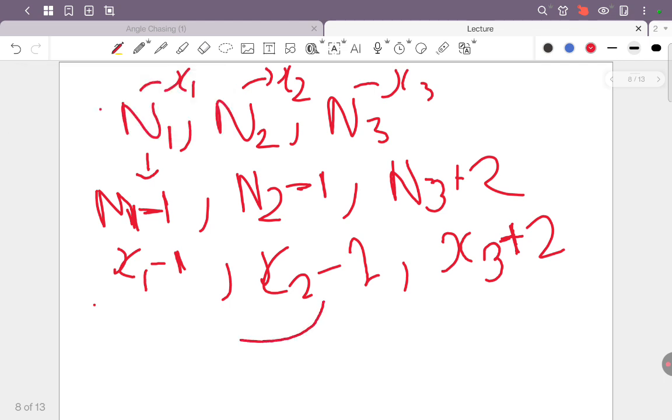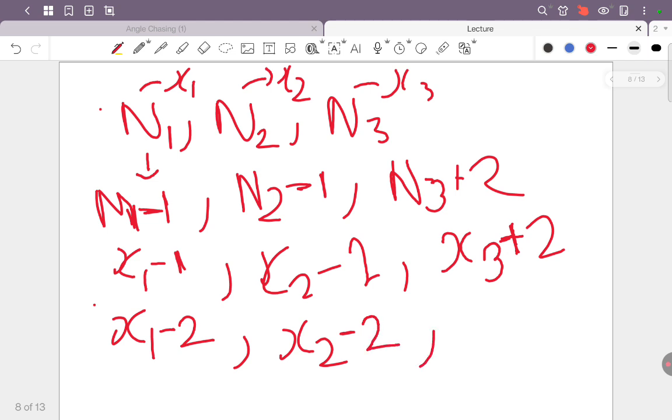You simply see that if you subtract this by 1 again, that will be x1 minus 2, x2 minus 2, and if you again increase this, x3 plus 4.